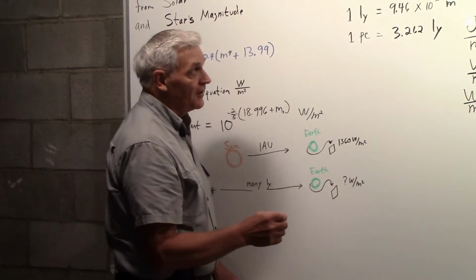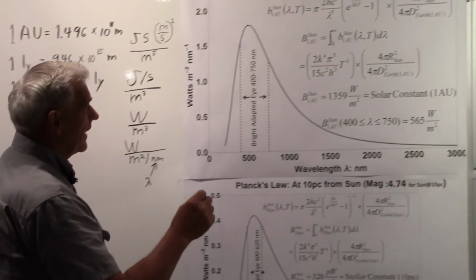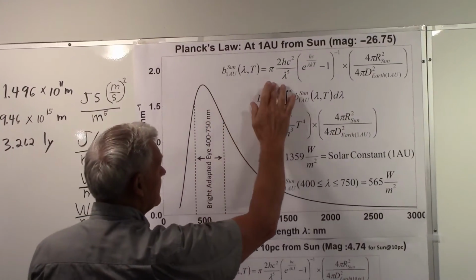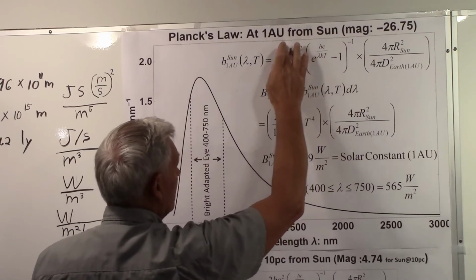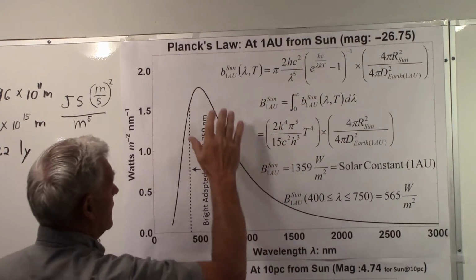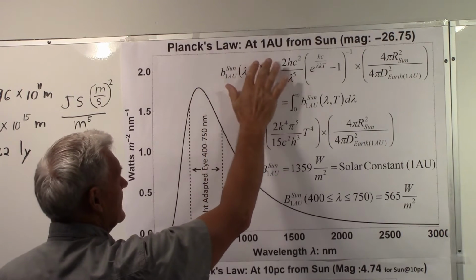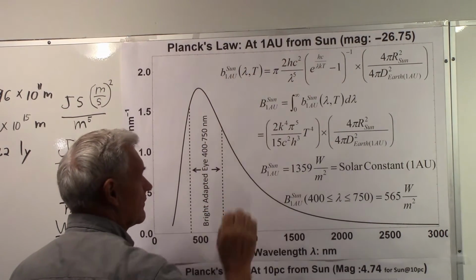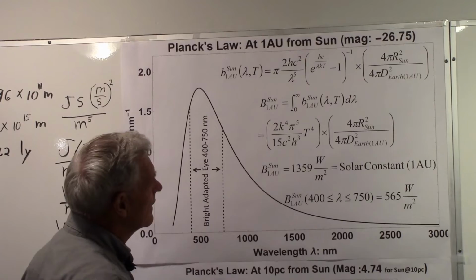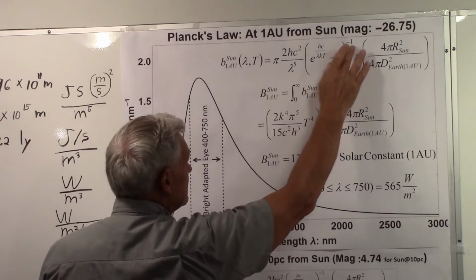So if we come over here, we have an equation for Planck's law. Planck's law is this part right here. And what we're going to do, we're going to apply Planck's law at a distance of 1 astronomical unit from the sun. So again, this is Planck's law right here.